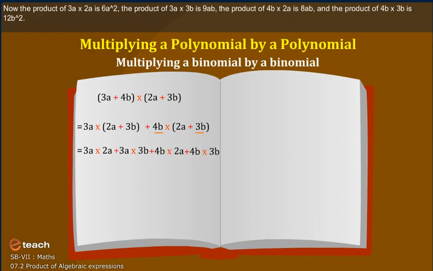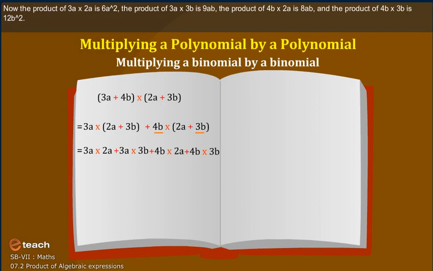Now the product of 3a into 2a is 6a square. The product of 3a into 3b is 9ab. The product of 4b into 2a is 8ab.